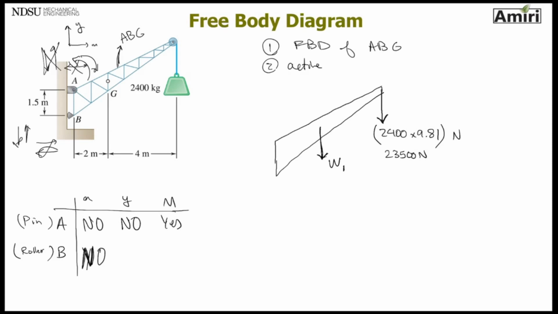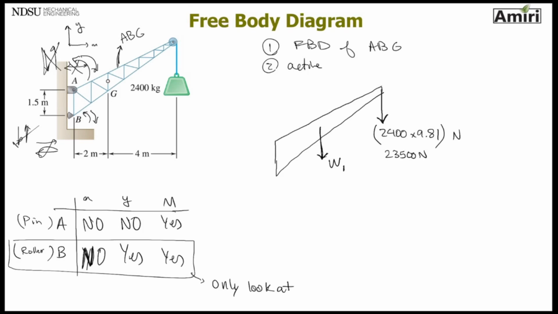Yes, there's nothing in the y direction that prevents movement, so it's a yes. Can the whole thing rotate about point B? It's a yes. Here's another thing. When you look at the roller or pin, only look at the roller, because some people might think, well, sure, it can rotate, but something else is preventing it.